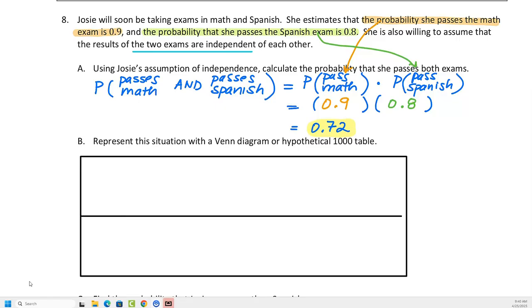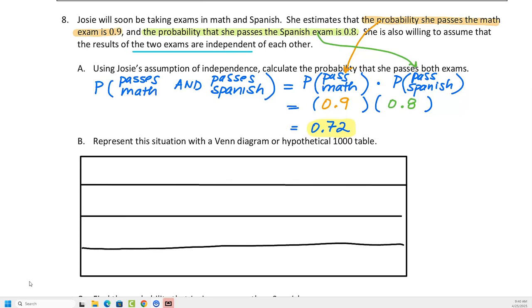I'm going to break that up here, and let's cut it in half this way.